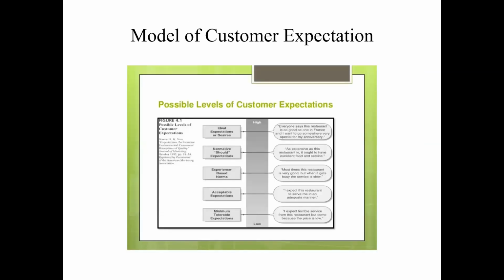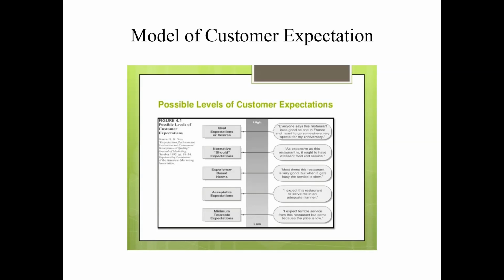So these are some models that have contributed to the research hypothesis. Model of customer expectation: how much the customer is expecting, whether there is ideal expectation or desires. When there is ideal expectation and desire, then the expectation level is very high.